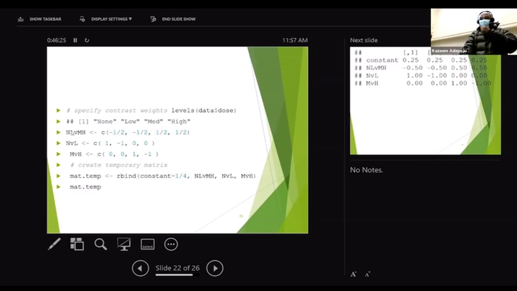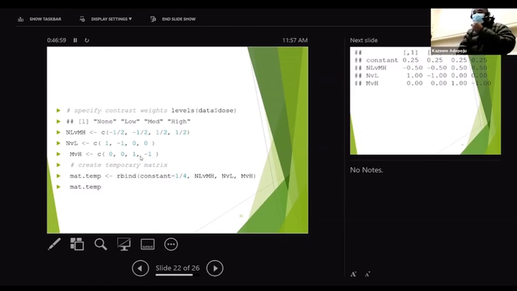If you look at the first contrast, we are comparing none and low combined with medium and high. That is why you see the first contrast here. The second contrast is talking about, is there any difference between none and low? And the third one is trying to say, is there any difference between medium and high?